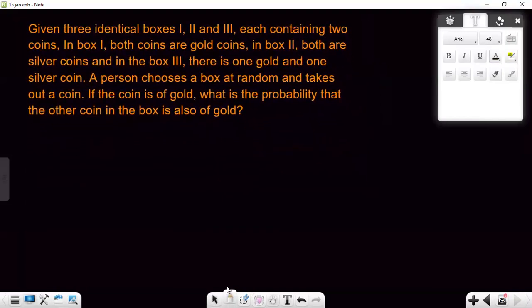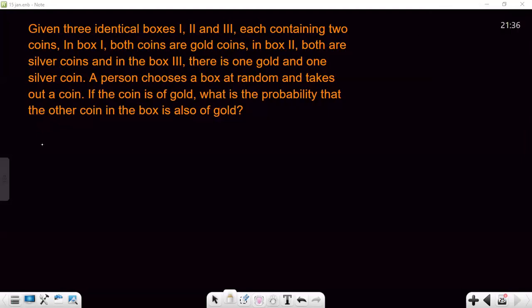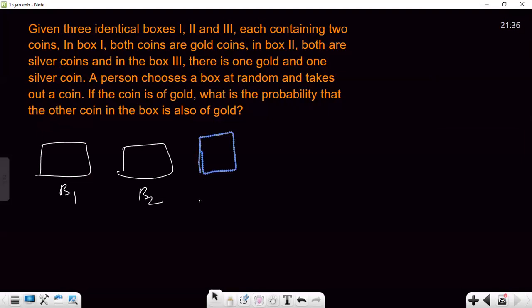Here's a question. Given three identical boxes, 1, 2, and 3. Okay, so let's make three boxes: B1, B2, and B3.